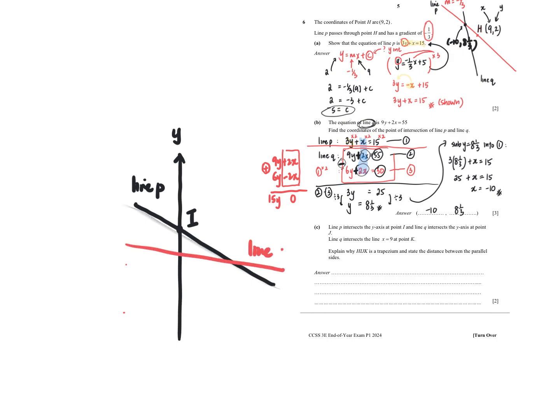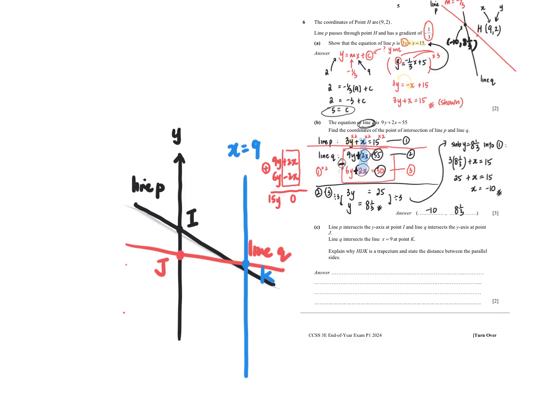Okay, line Q intersects the y-axis at point J. And then they say that line Q actually intersects the line x equals to 9 at point K. So I don't know where is that, but maybe let's say this is your x equals to 9 line. And then this is your point K. This is what the question is trying to say.